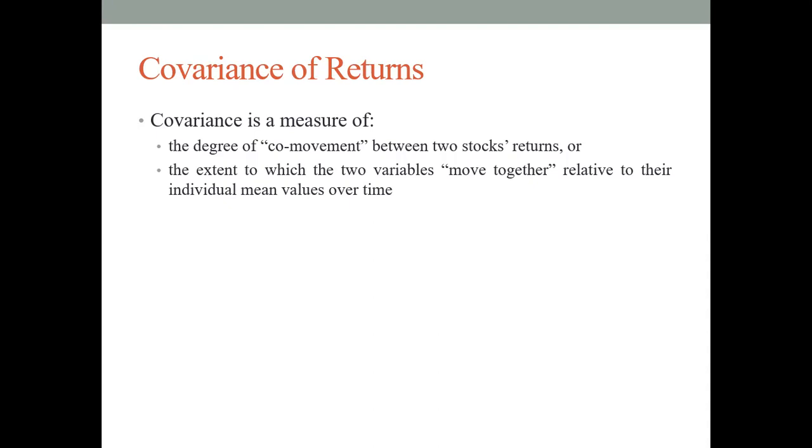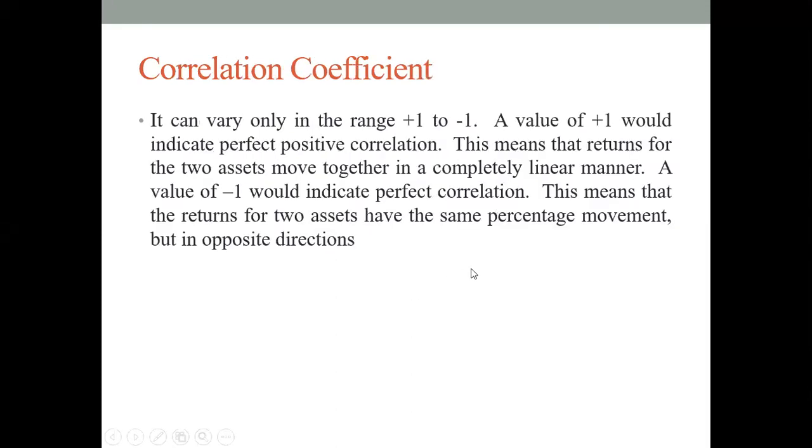Like we check whether the returns of two assets are moving together or not. If one asset's return or value is increasing, there is a high chance that the second asset's value will also increase. That is called movement together, and this is called our covariance. That will also be calculated.